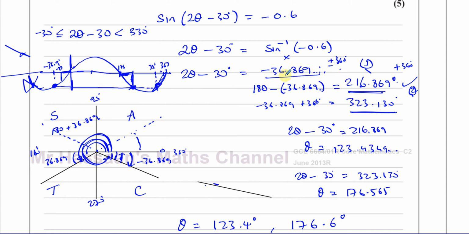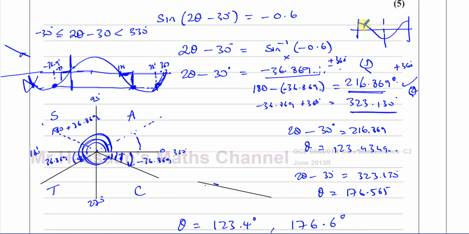If it's the cosine, the symmetry is different. For the cosine curve, the symmetry is different. It looks like this. So your angle will always come out as positive from your calculator, even if it's a negative ratio. A negative ratio will come out somewhere over 180.